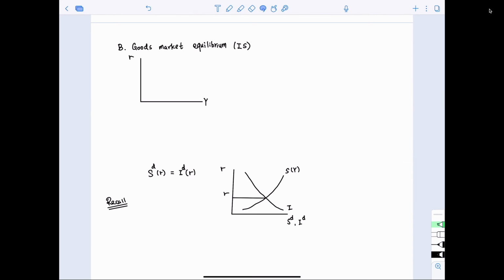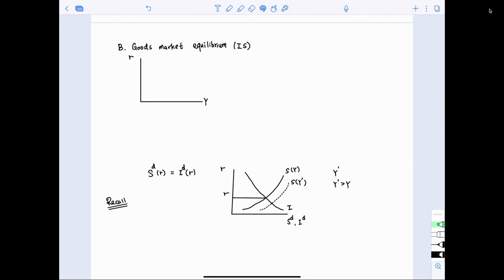So when we want to come up with the relationship between R and Y for goods market equilibrium, we change Y and want to see how the real interest rate changes. Then we will be able to get the relationship between R and Y. From the saving and investment diagram, we know that when income is higher, people will prefer to save more, which will shift the saving curve to the right.